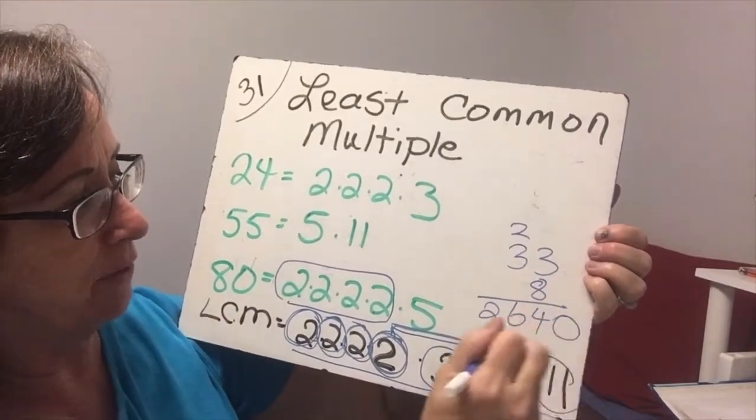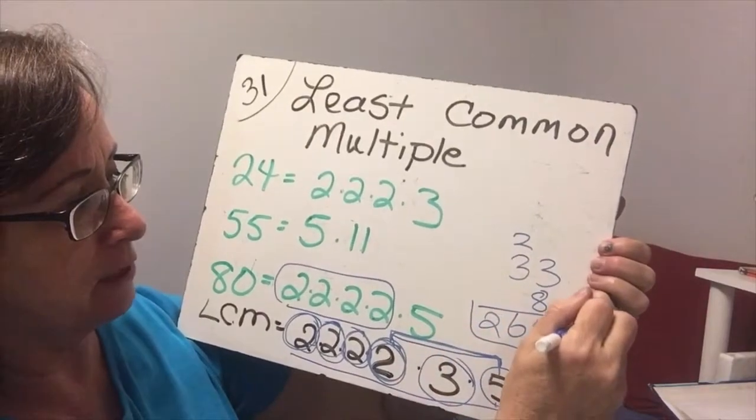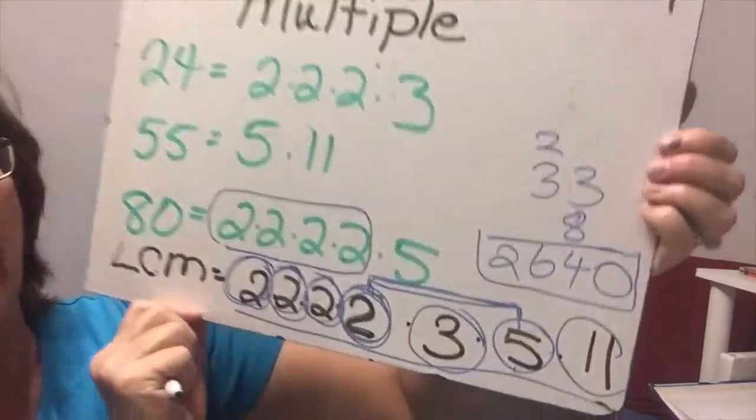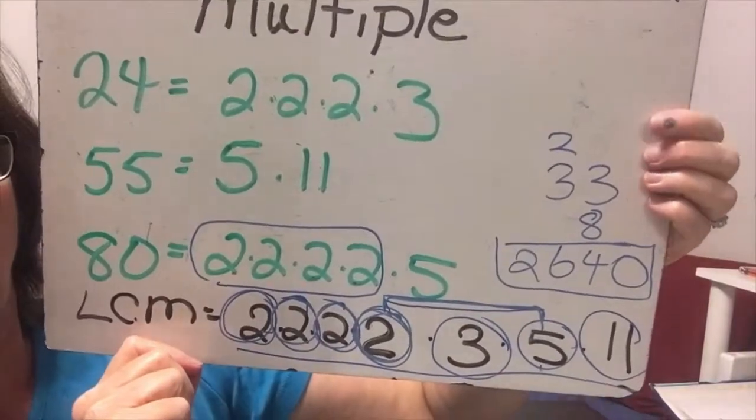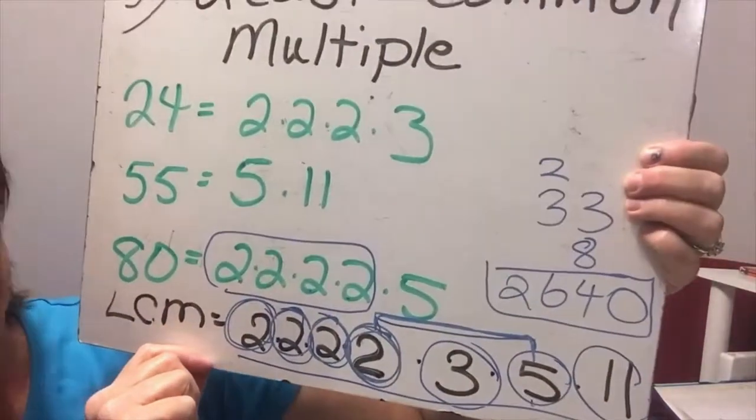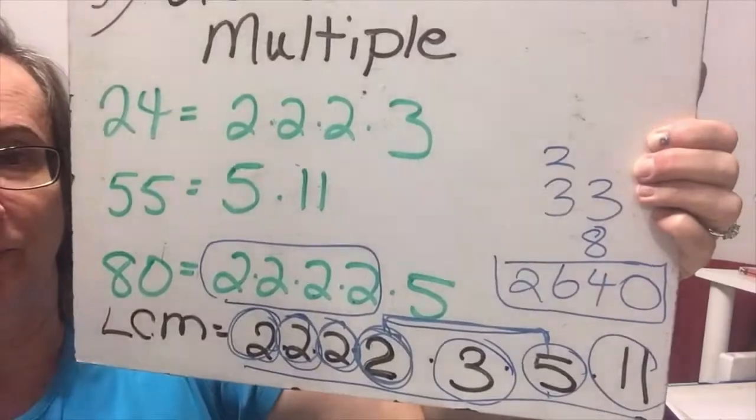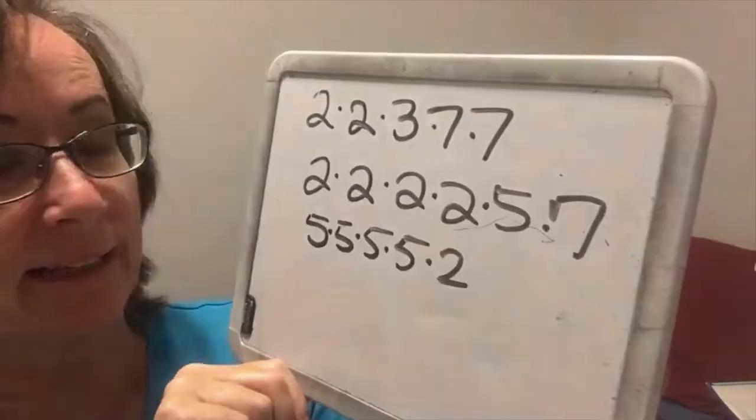So I'm going to add another 0 because I just multiplied by our 10, and that should be our least common multiple, 2,640.